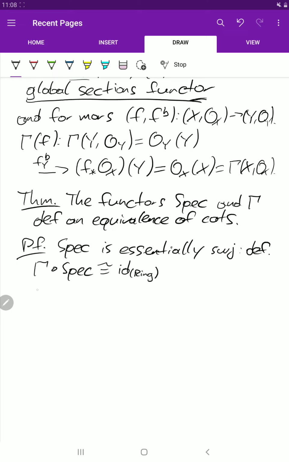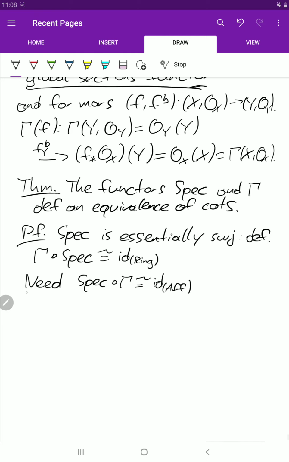And now what we need is that if we compose it the other way around, that it's, on morphisms, the identity on affine schemes. So let's see this. Let's take a morphism f from an affine scheme into another affine scheme.